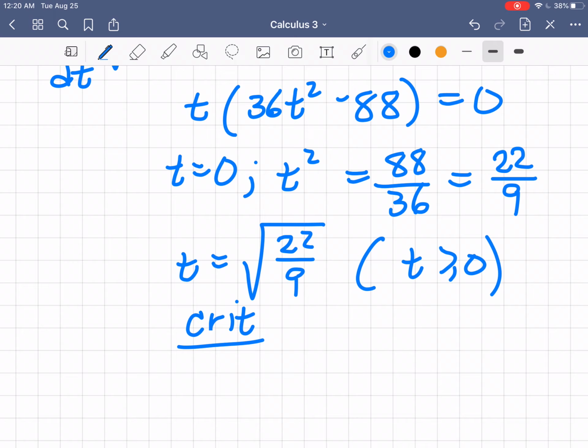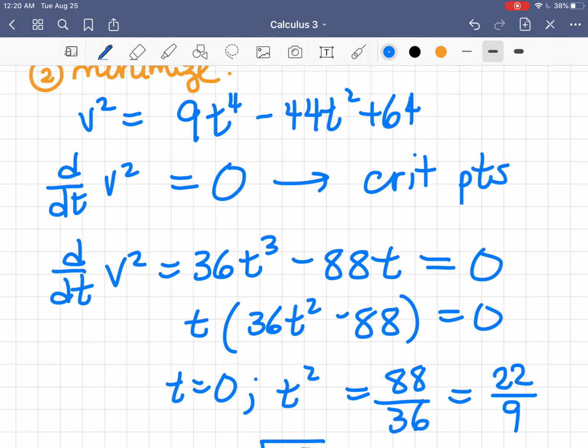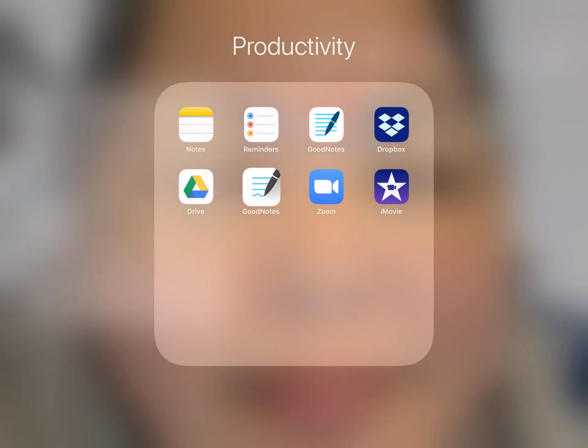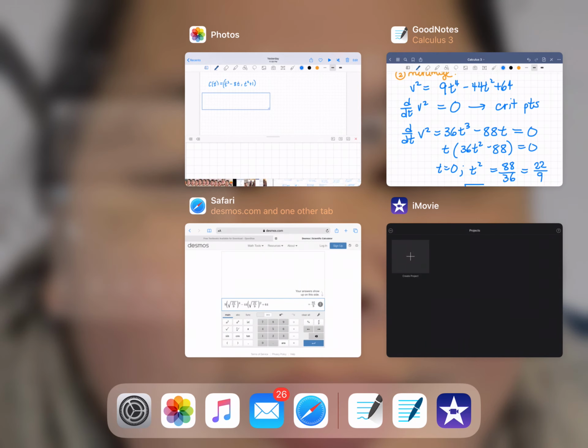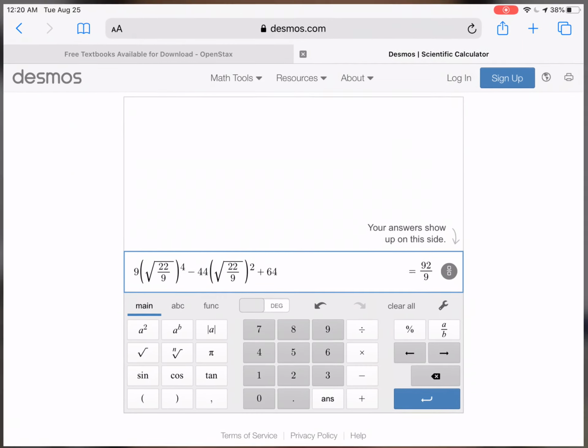And so we plug it back into v squared of 22 over 9. I think I did this over in Desmos earlier, so let me pull that up. Here.